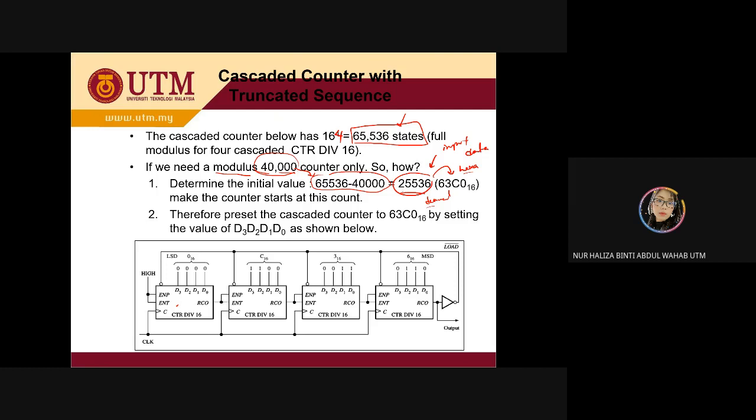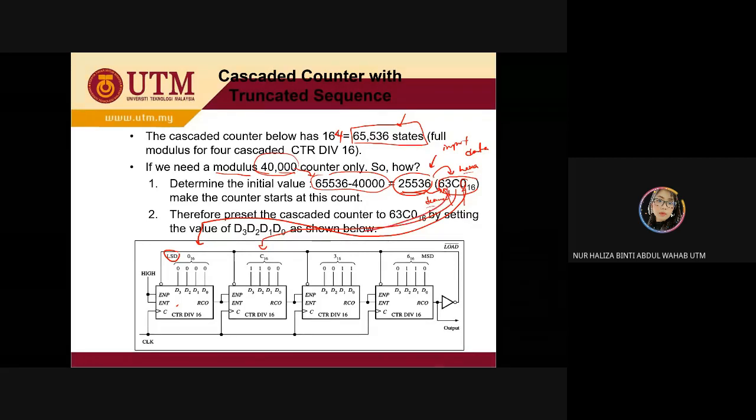After you get this value, you convert it into hexadecimal. For the hexadecimal, this will be your MSB and this will be your LSB. So you bring this LSB to the first LSB, then C will be brought here, 3 will be brought here, and another one, 6, will be here, your MSB.